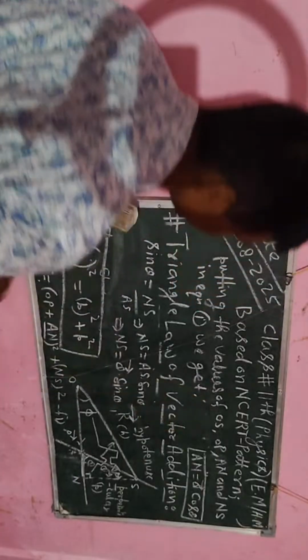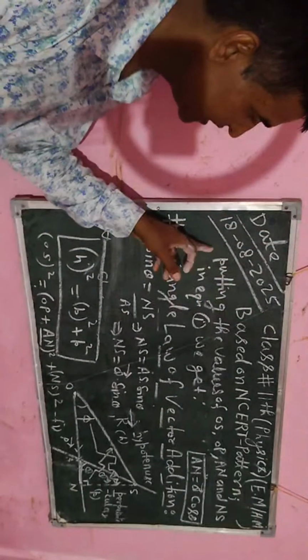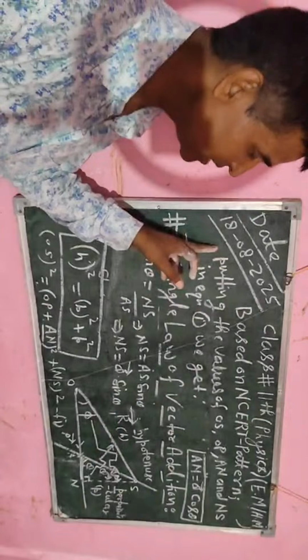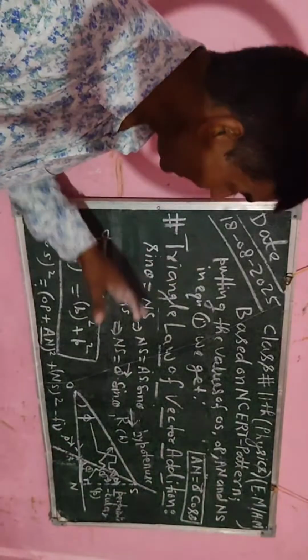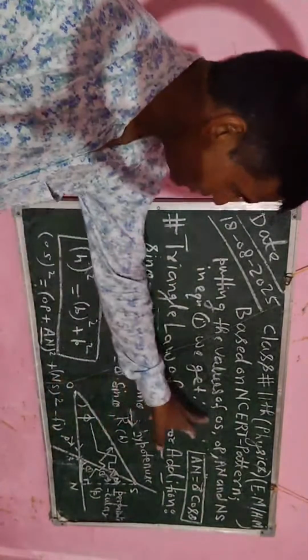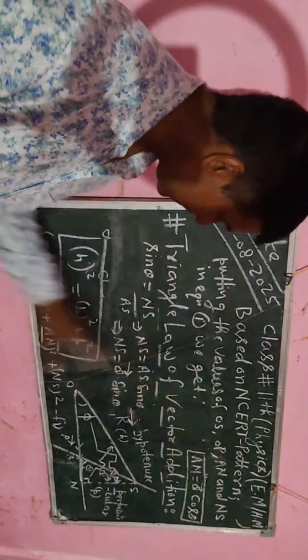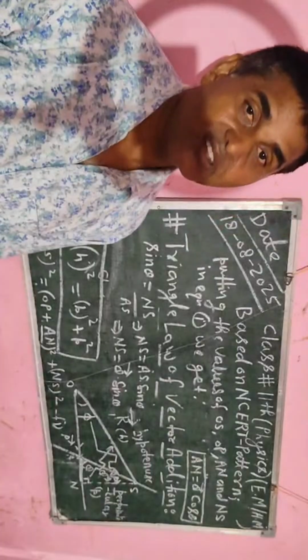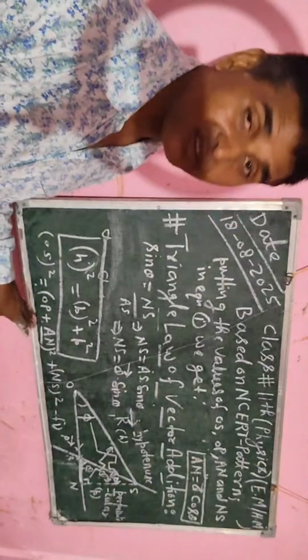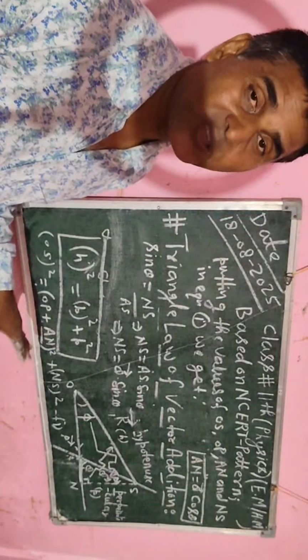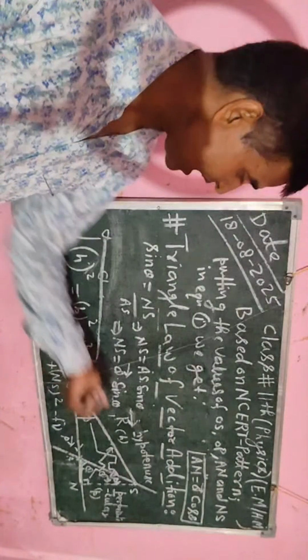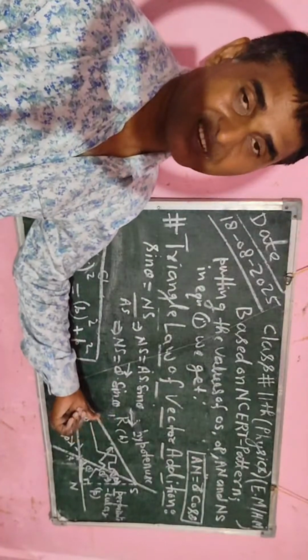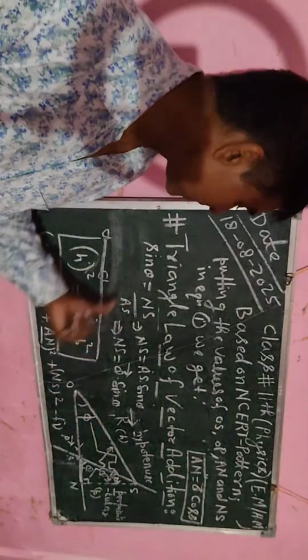So I have written one statement here, and I will follow that statement positively. I will take each value and substitute those values in equation number 1, and then I will get the required information, and after simplification of that information I will get the value of the resultant vector by using the analytical method.